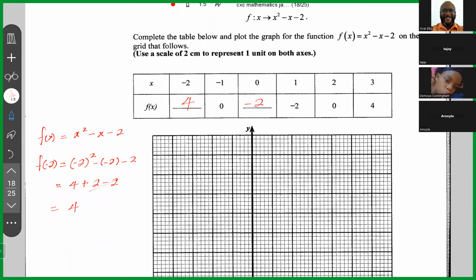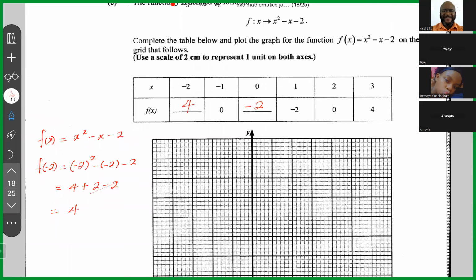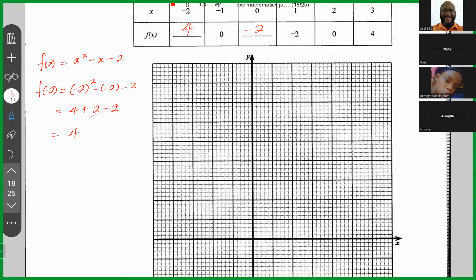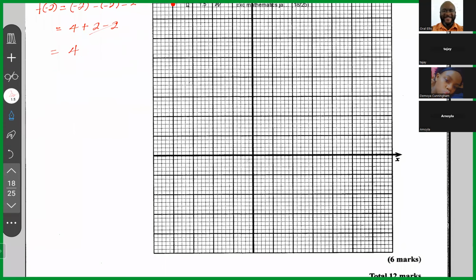All right, it says use a scale of 2 centimeters to represent 1 unit on both axes. So be careful to label your scales properly. This is the origin, and it's 2 centimeters to 1 unit. So every 2 centimeters, the number goes up by 1. So this is 1, 2, 3.